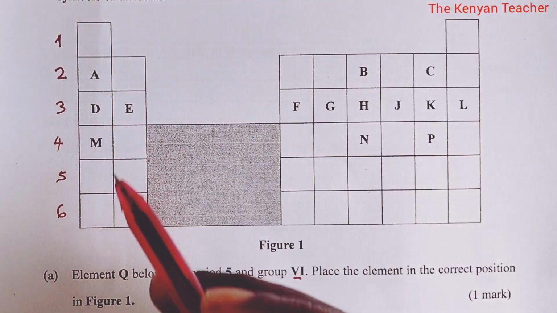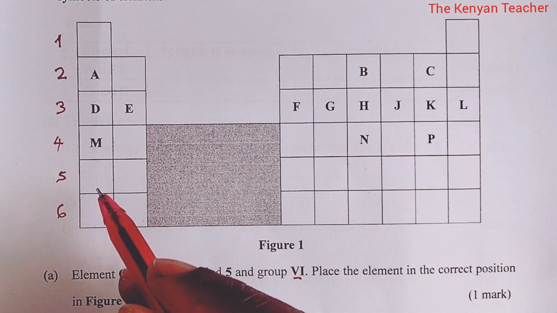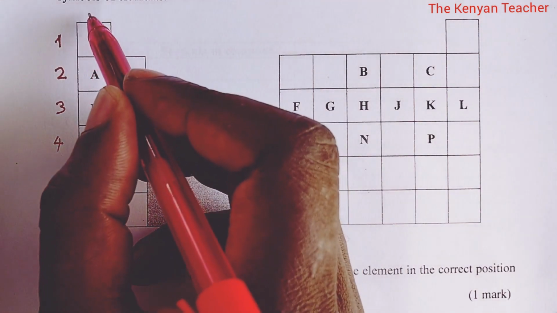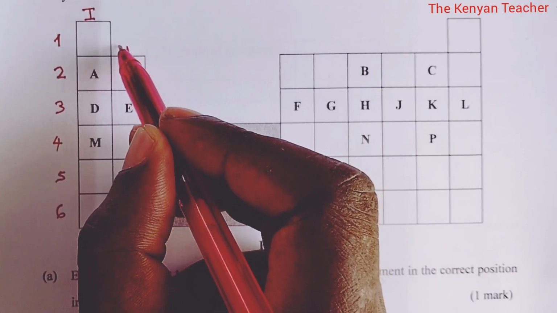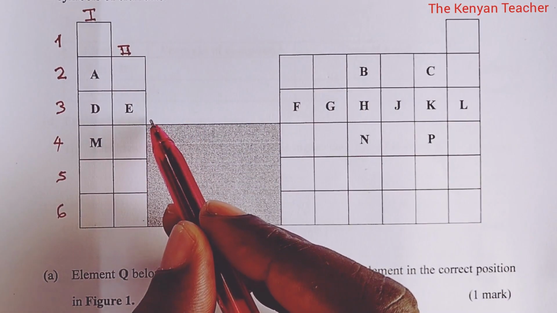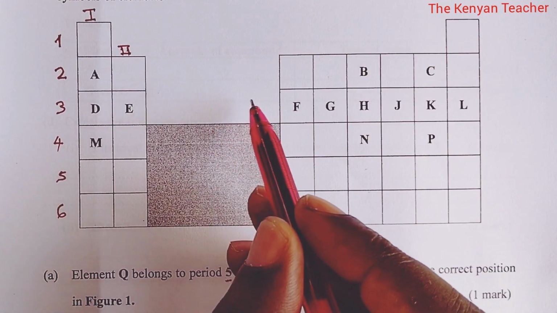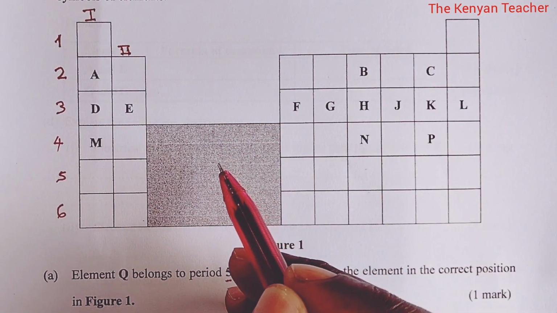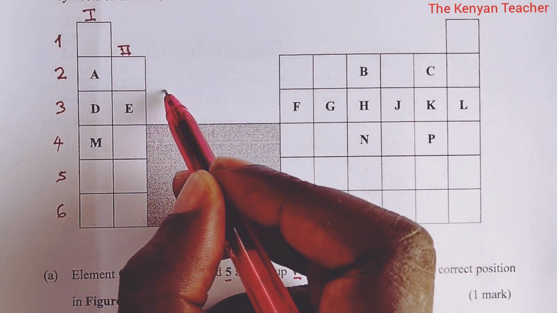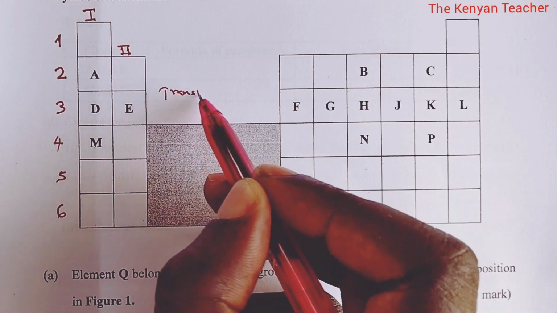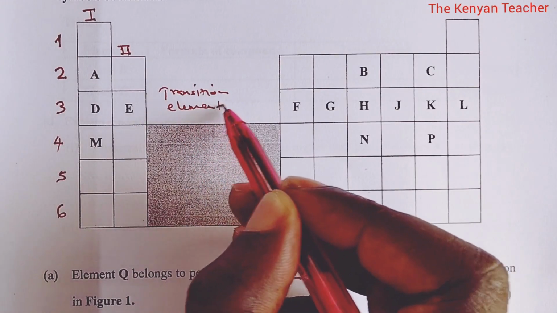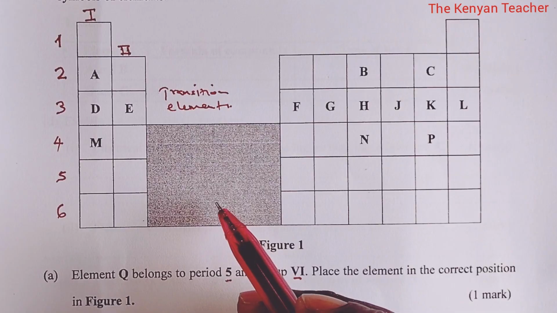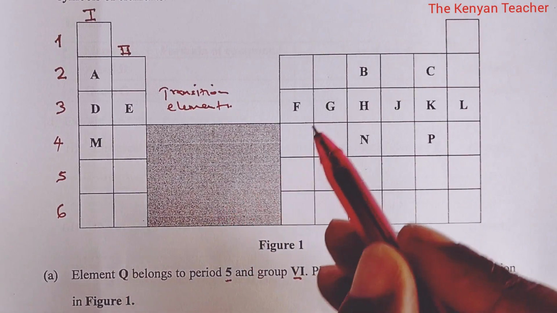Then we have the vertical columns that represent groups. So here we have group 1 running downwards, group 2, then there is a separation here that consists of 10 groups that is occupied by transition elements. So this is a separation between group 2 and 3.